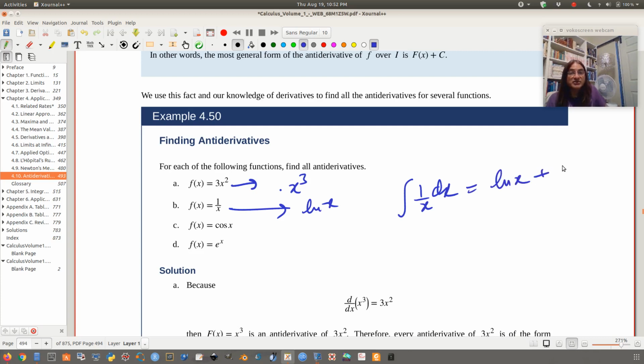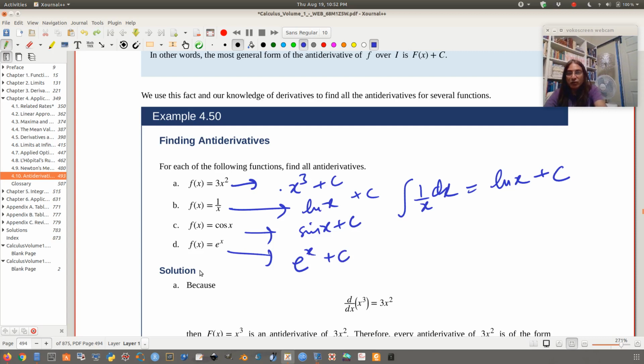Okay, plus a constant. Don't forget that. So x cubed plus a constant. Natural log plus a constant. Cos x, we already did. It's sine x plus constant. e to the x, the antiderivative is e to the x plus constant. Why? What is the derivative of e to the x? It is e to the x, and the constant gives 0, so it gives you e to the x.